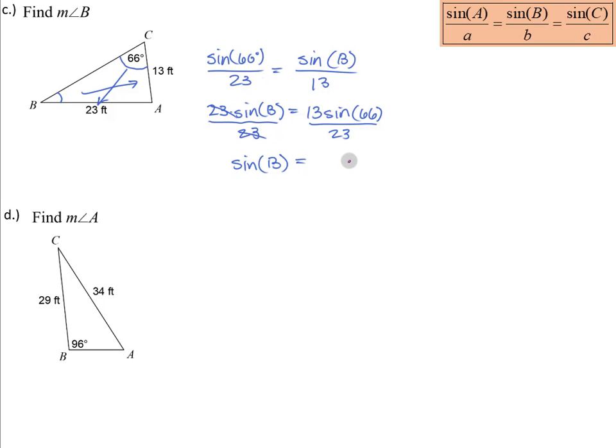So I'm going to leave a little bit of space so I can write that over here as well. We need to do the inverse sine of both sides, or arc sine, whichever way you'd like to call that. So we would do the inverse sine of this side. We'll technically just cancel out sine, but we do need to type this whole thing in our calculator at the right. So this will get me B equals this expression. Let's go to the calculator.